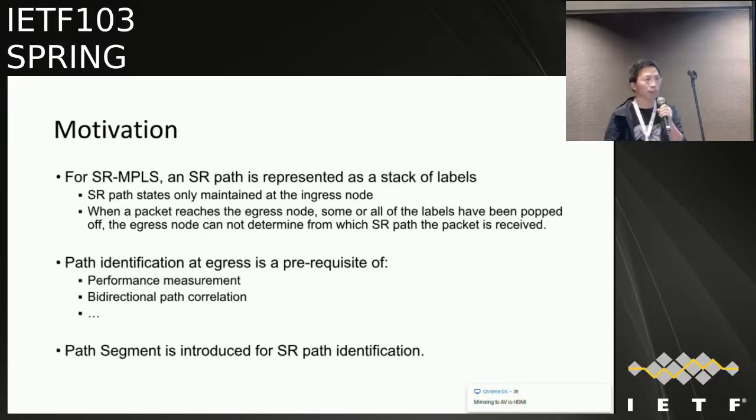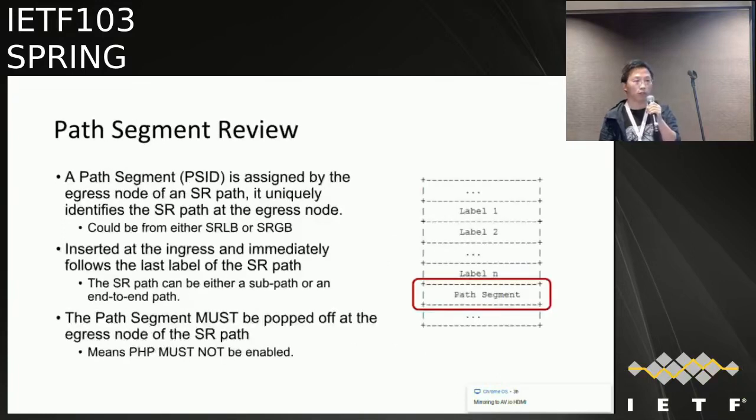So here's the review of this path segment. A path segment is for SR MPLS network. A path segment is a label that is assigned by the egress node of an SR path. It can uniquely identify the SR path at the egress node.